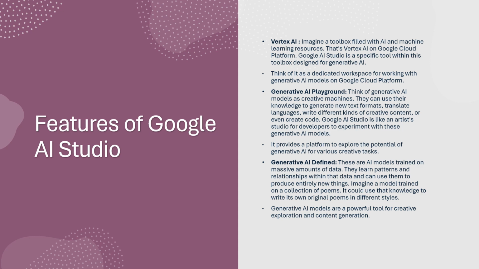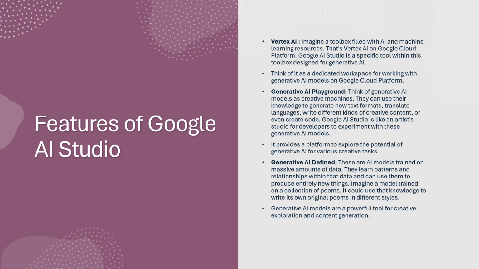They can use their knowledge to generate new text formats, translate languages, write different types of creative content, or even write code if necessary. Google AI Studio is like an artist studio for developers to experiment with these generative AI models. It provides a platform to explore the potential of generative AI for various creative tasks.